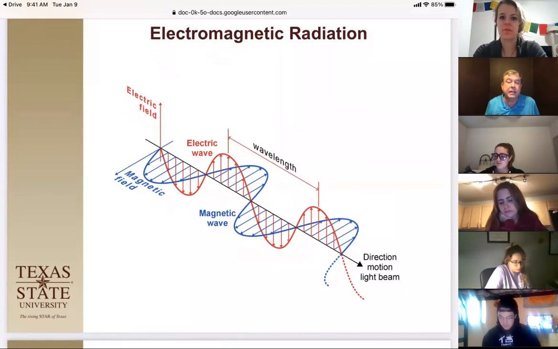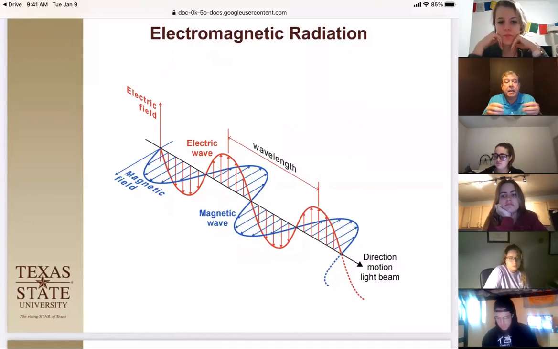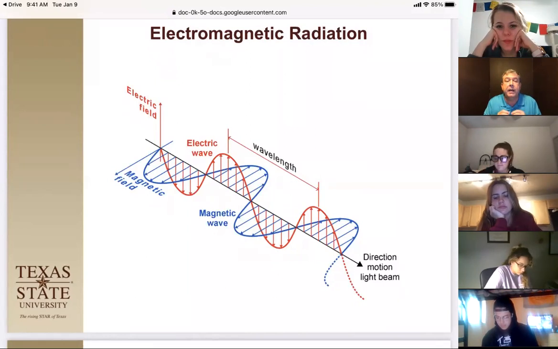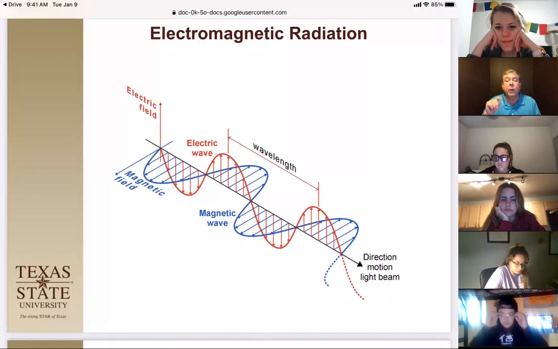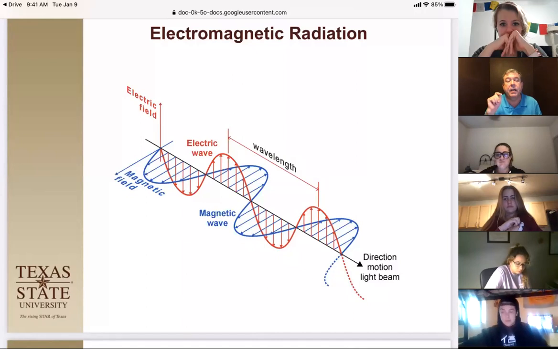So the cool thing is that different bonds can interact with that electric and magnetic field to vibrate. And when they interact with that specific wavelength at a specific energy, they will be absorbed. And we can see this absorption by saying, oh, that type of bond is there because it absorbed that specific kind of energy.